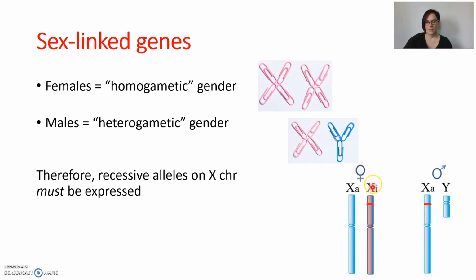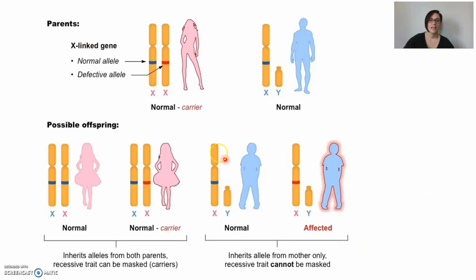So in this situation, what this means is they would inactivate this X and the genes would be taken from this. So this is our active X and this is our inactive X. Unfortunately, with only one X available, it has to be the active X. What this means is that if there is a real problem, so in this case, the defective allele, it will absolutely be expressed in a male who inherits it.